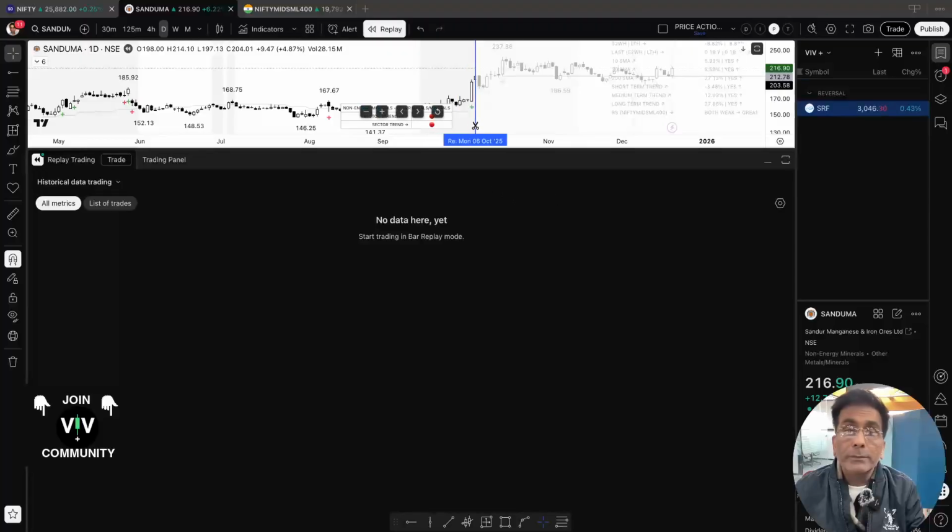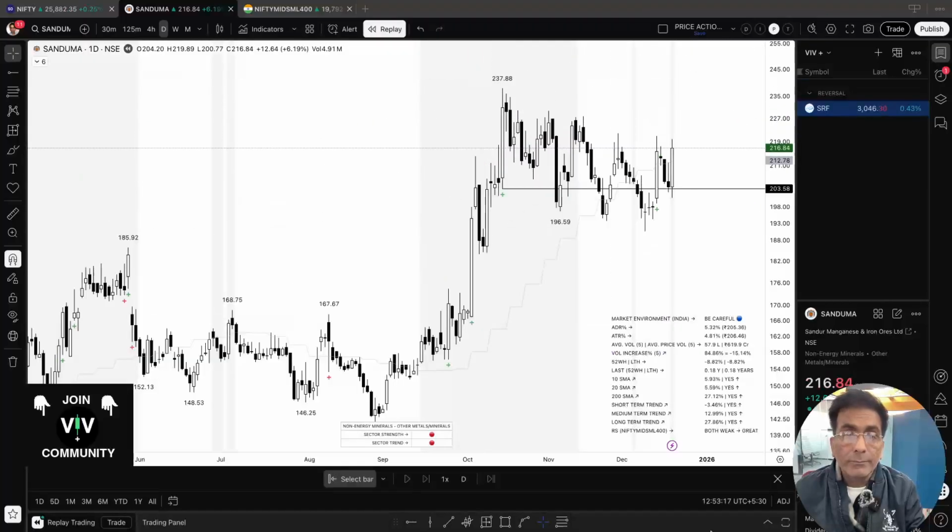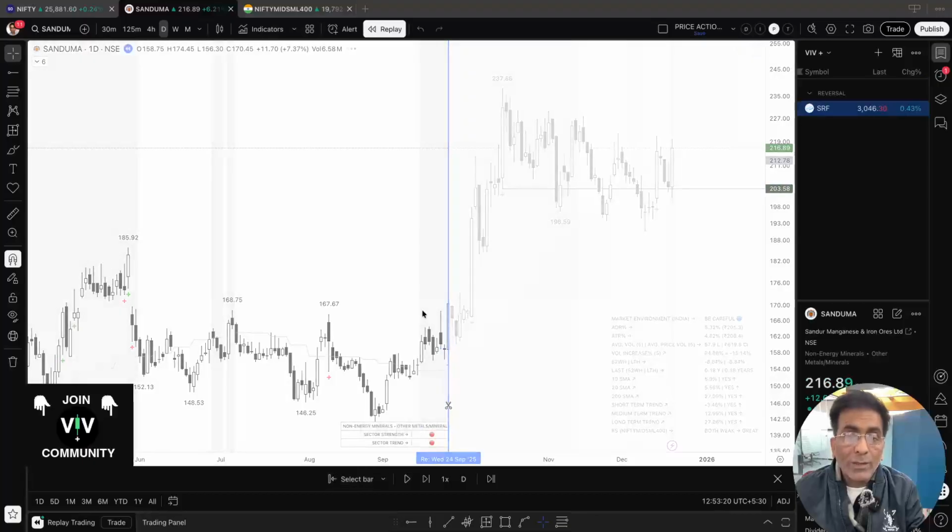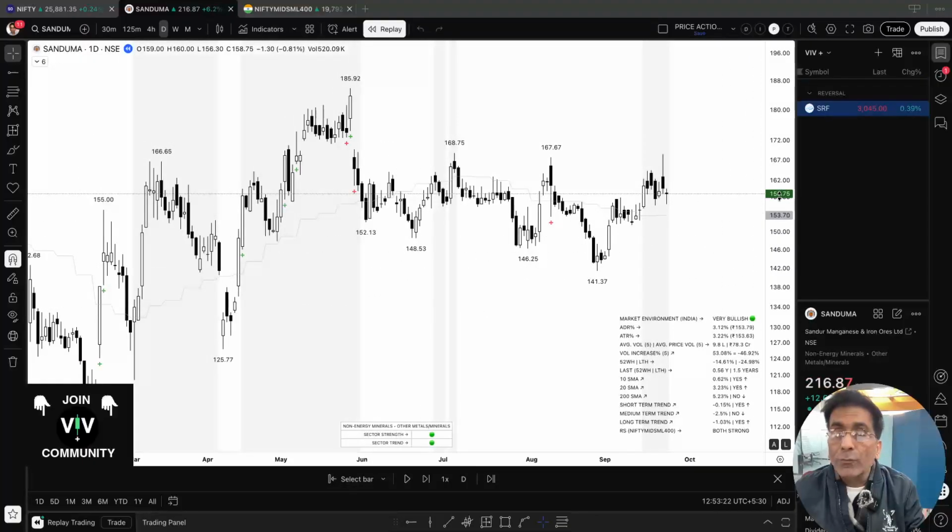Suppose someone bought it here at 158.75 or something, 155, and the 10-week moving average was at 150.73, so your probability of success was very high, that okay, you know that the trend is getting positive, the trend is already positive, and the 10-week moving average is also positive.